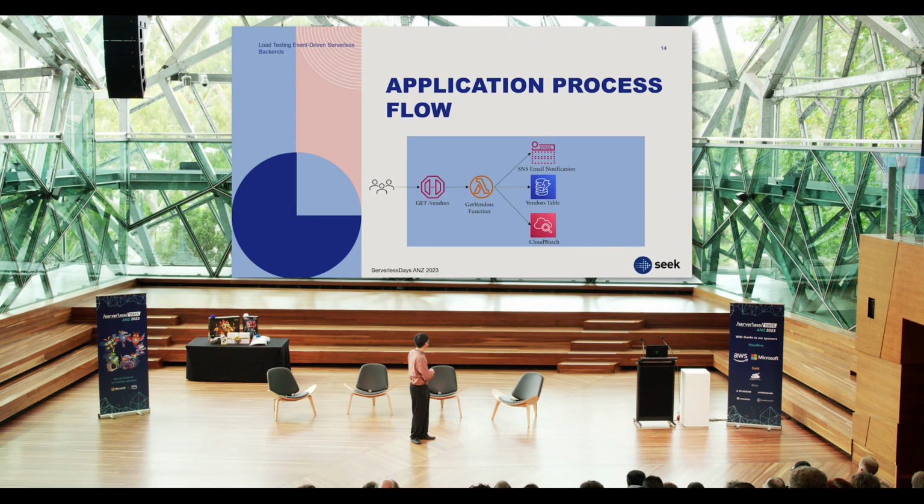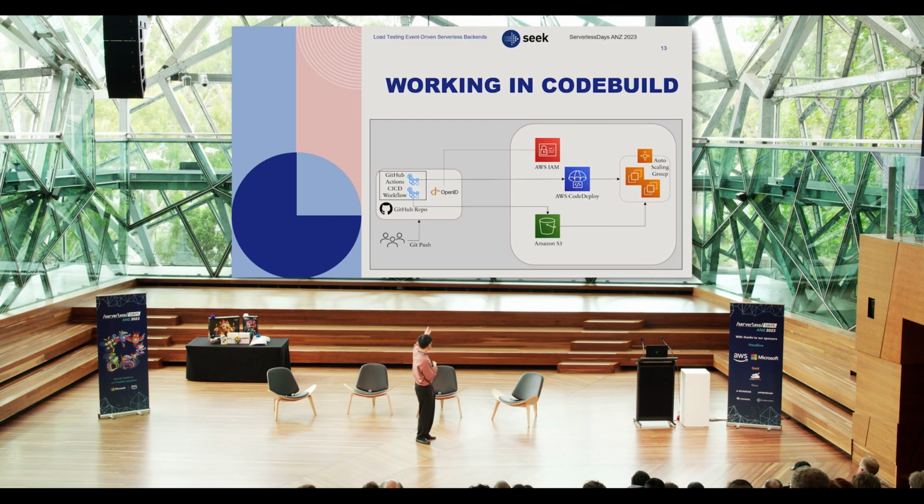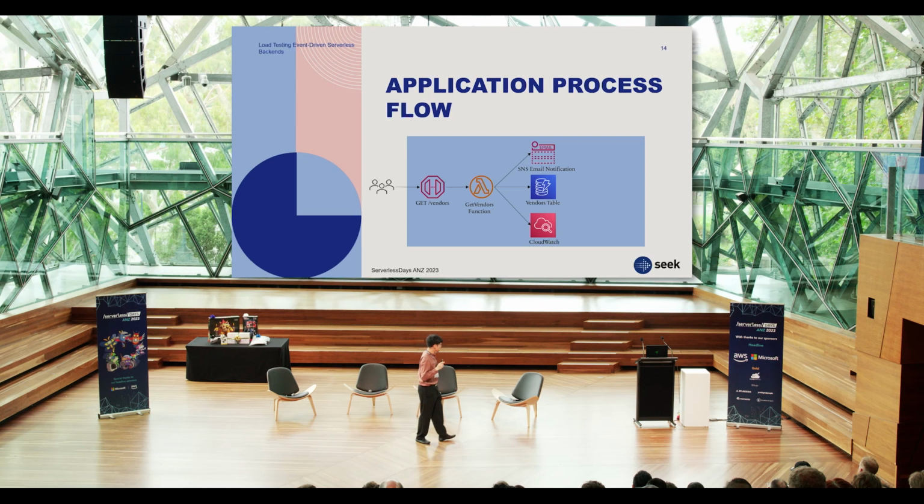Let's dig a bit deeper into what we actually have as part of this architecture. As you can see, with CodeDeploy we are just putting in the code and running automation for actually running the load tests. But behind the scenes, we could also have this particular architecture. Let's say you have an application to get your vendors of a certain choice, maybe e-commerce vendors, maybe partners your company works with.